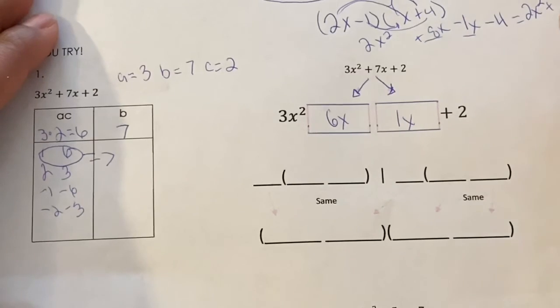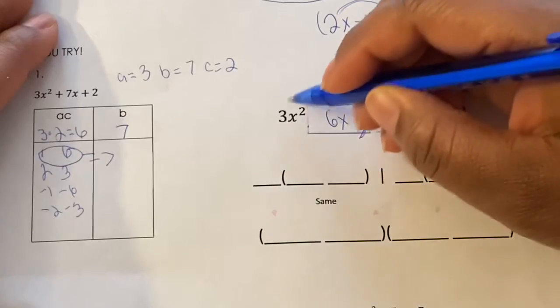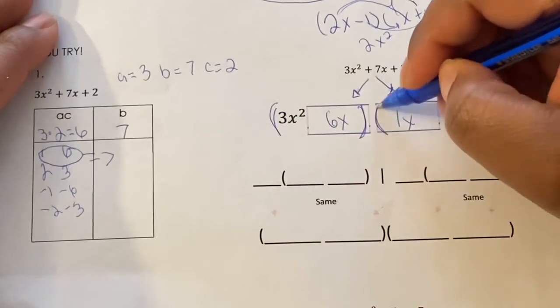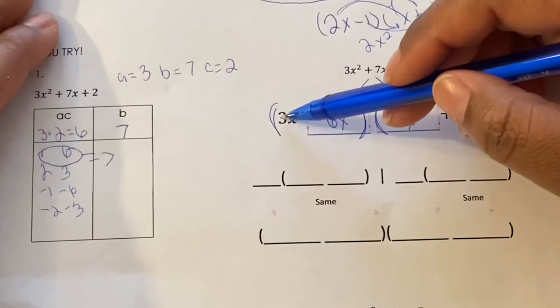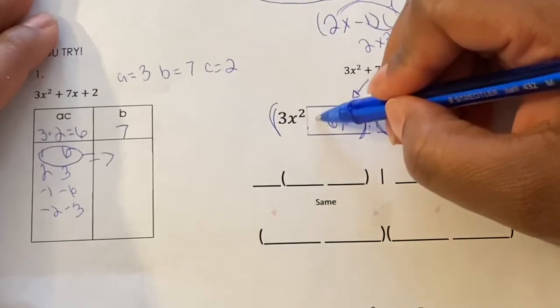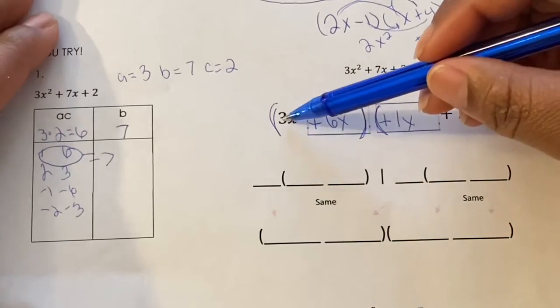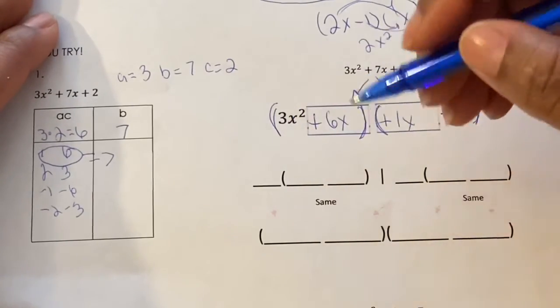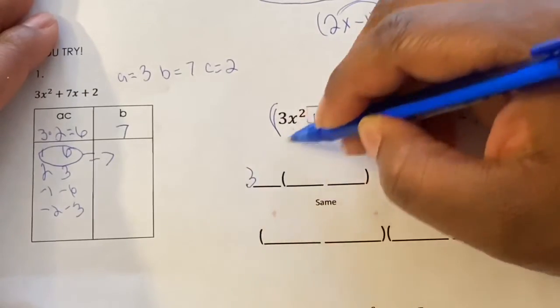Okay. Now, I have to find the factors of my 2 groups now. I'm going to group them into 2's. So now the factors of 3x squared and 6x, and this is positive 6, and this is positive 1. 3x squared and 6x are 3 and x, because they both share 3.